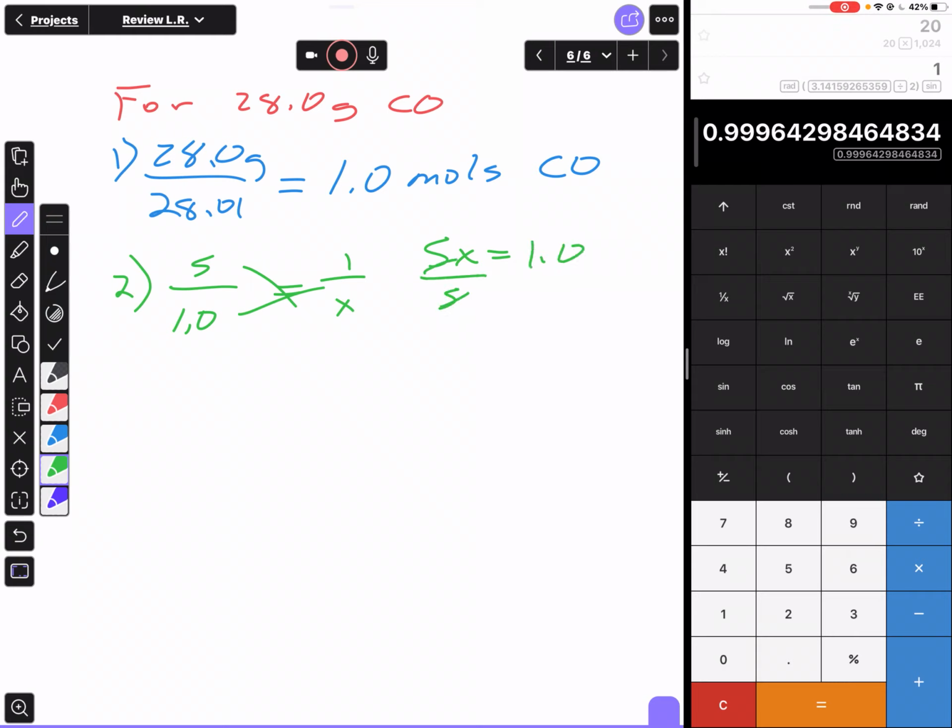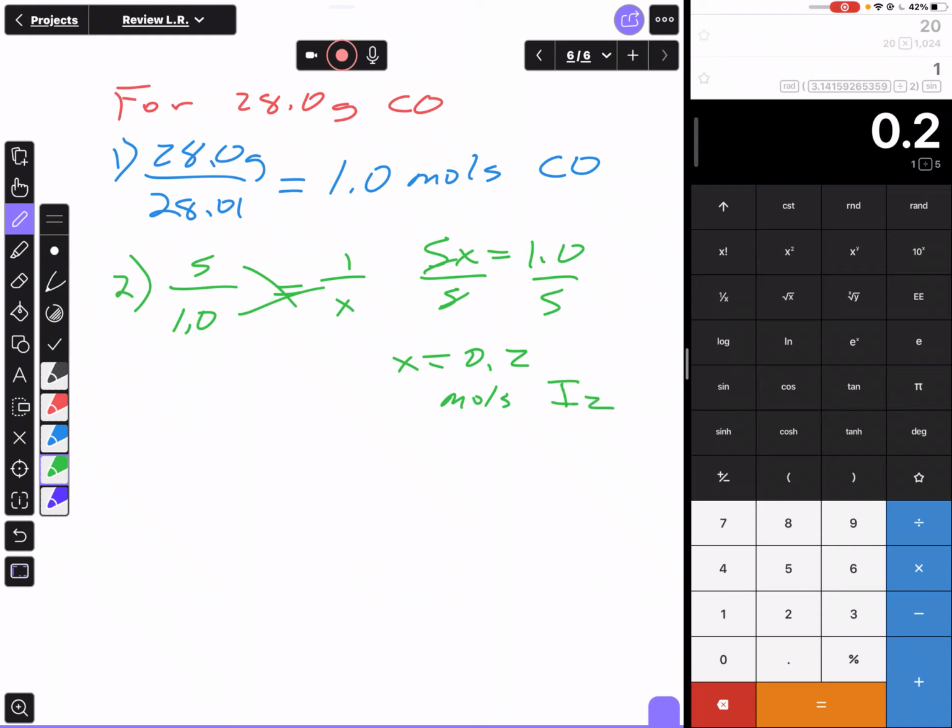Divide both sides by 5, and your X is going to equal 0.2. And now I just went from moles of CO to moles of I2.